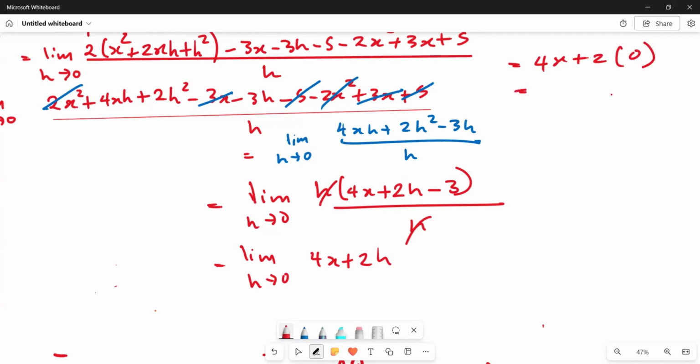Remember here there was also subtract 3, right? So it's the same as 4x subtract 3, which is going to be your answer, right? Hopefully this makes sense to you now. And thank you very much.